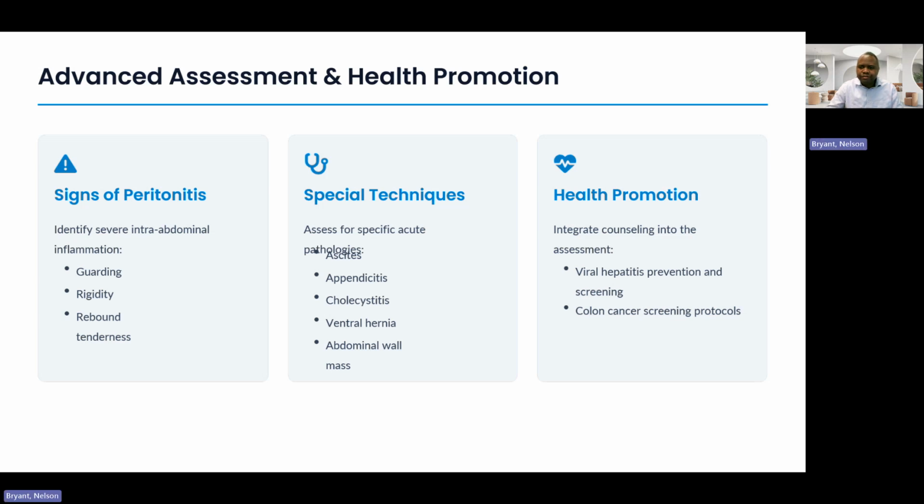And you can always conclude your abdominal assessment with health promotion, discussing preventative measures like for viral hepatitis and the screening guidelines for colon cancer, depending on your patient's age. For example, 45 for those with high risk factors. Actually, it's now 45, depending on the newer guidelines. It used to be 50, and I believe most recently it was changed to 45.